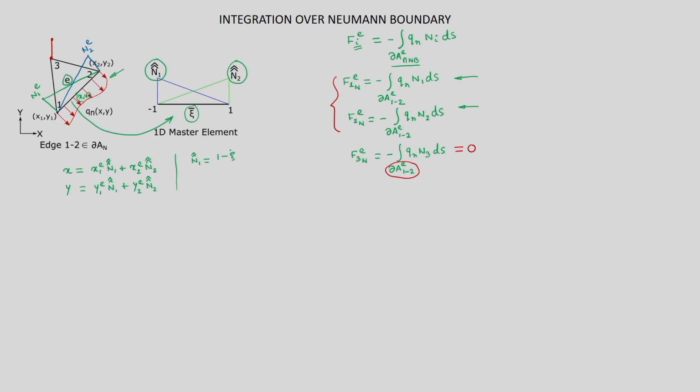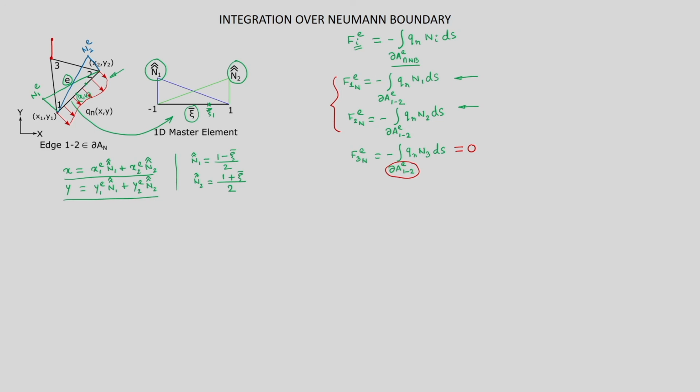N1 double hat is (1 minus xi bar) by 2, and N2 double hat is (1 plus xi bar) by 2. So, x and y, now we can get the value for a given point xi bar. If I take a point, suppose xi 1 bar, using this map I can find the corresponding x1 and x2, which will be on that line 1 2.